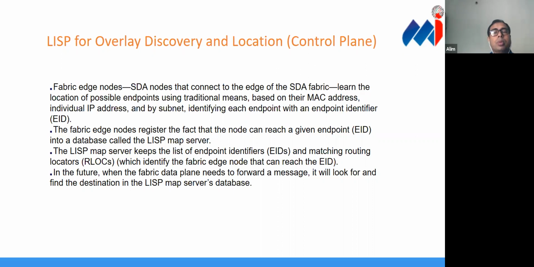An endpoint identifier means one IP address, and it also has a related MAC address. So these are the endpoint identifiers, whether it is your tablet, your mobile, your server, or no matter what. So you have the endpoint identifier, one thing. Just remember endpoint identifier. And then we have a database. Here we have the endpoint identifier database, called the LISP map server.